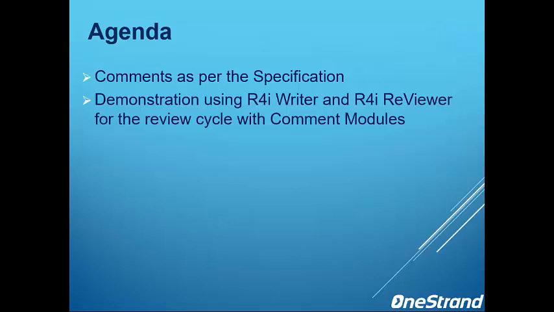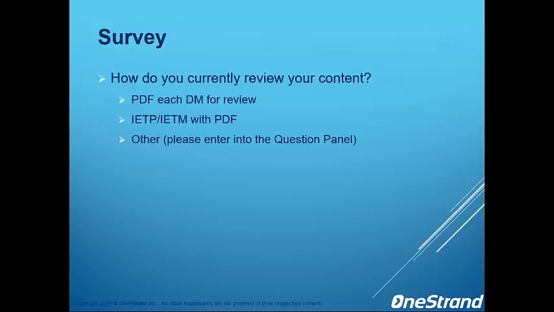Excellent. Okay, but first of all, Tammy, I would really love to do a quick poll for us, please. So what I'd like to know is, in your existing environment, how do you currently review your content? And we're making an assumption here, of course, that you are already authoring in S1000D, but it could be anything.